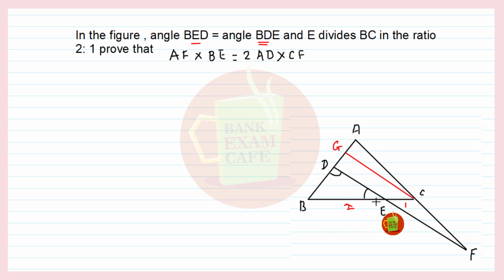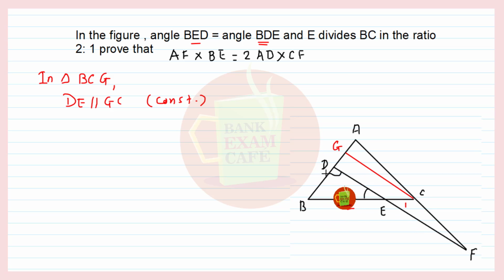Now we will take this triangle. In triangle BCG, we see that DE is parallel to GC by construction, and therefore here we can apply the basic proportionality theorem, that BD upon DG is equal to BE upon EC by basic proportionality theorem.